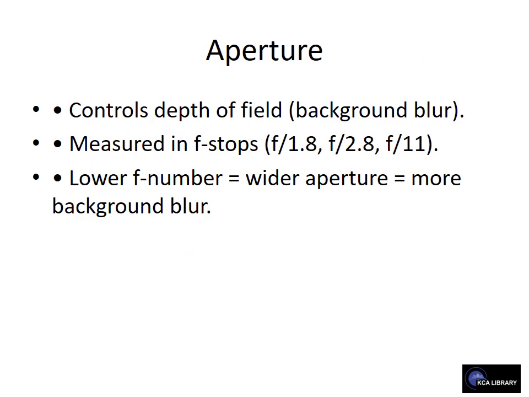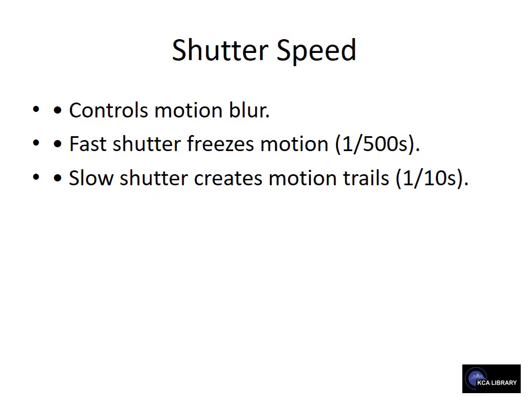Talking about aperture now, it controls depth of field, like background blur, and is measured in f-stops. With a lower f number, you have a wider aperture, and you have more background blur.